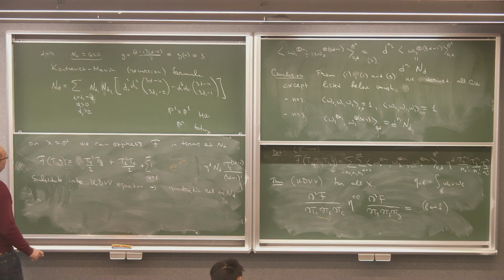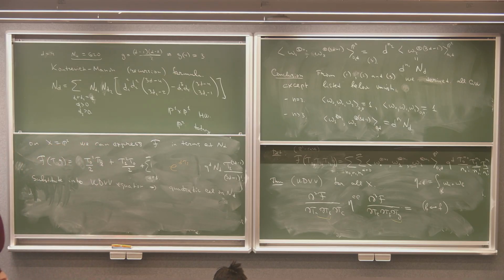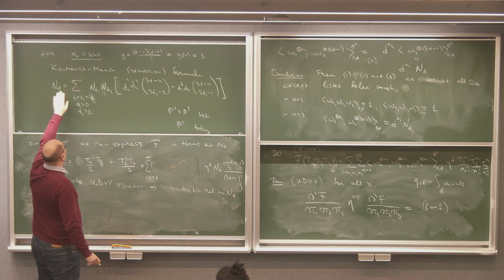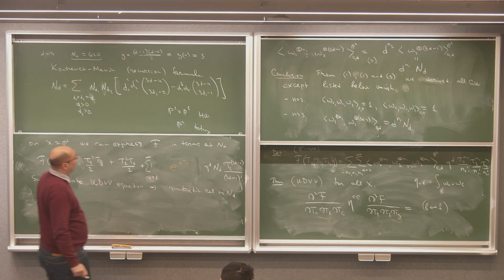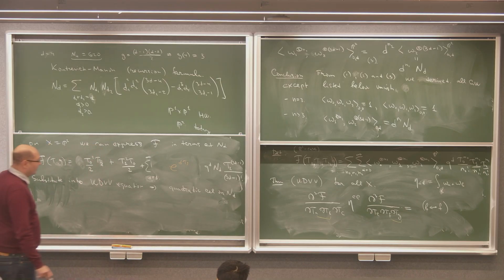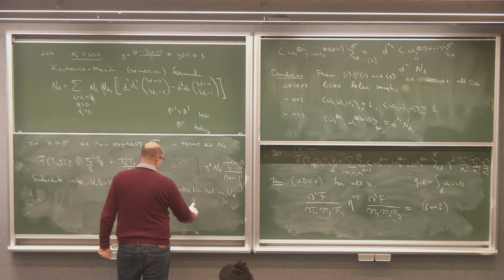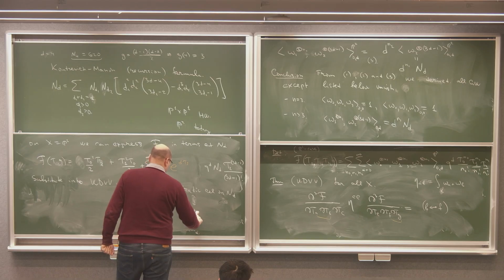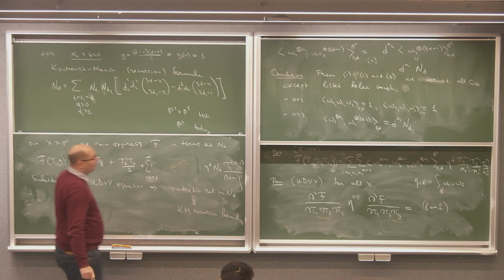And this quadratic relation on N_d turns out to be of an upper triangular form, so that we can express N_d, roughly multiplied by something like d, in terms of lower N_d's. This relation is the Kontsevich-Manin recursion formula.